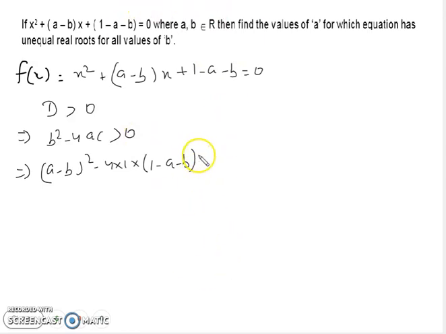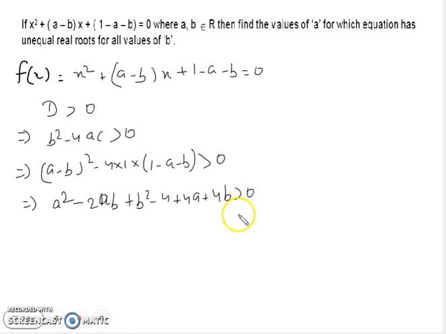Expanding (a minus b) whole square gives a square minus 2ab plus b square minus 4 plus 4a plus 4b, which is also greater than 0. Are you getting my points, guys?